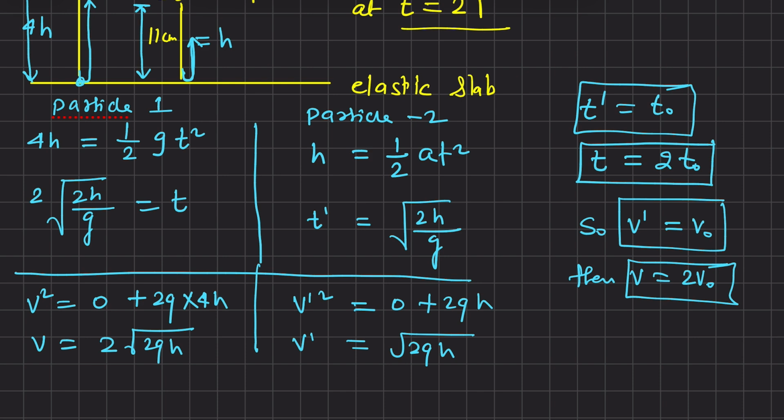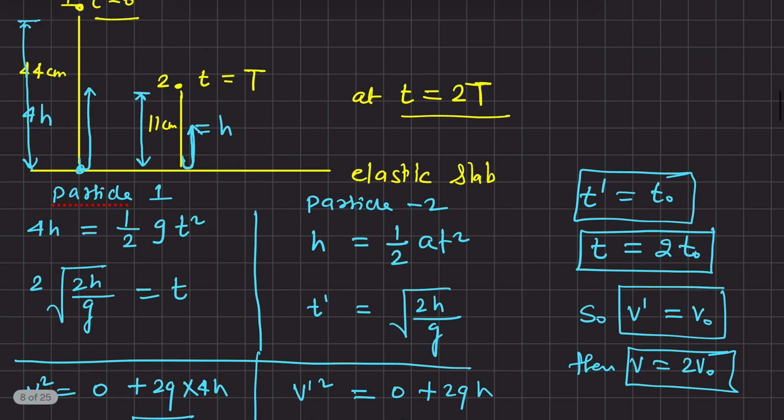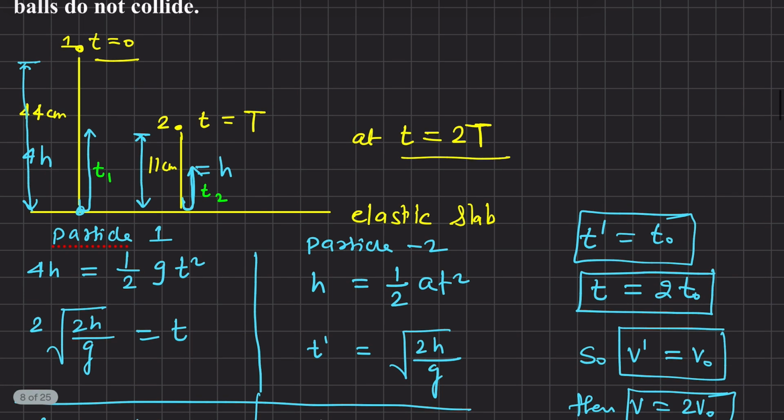Okay, so now if you see, suppose this is the time they have taken when they have the same speed, let's say t1 and t2. So what I can call this time, because this thing is going to happen after t seconds.